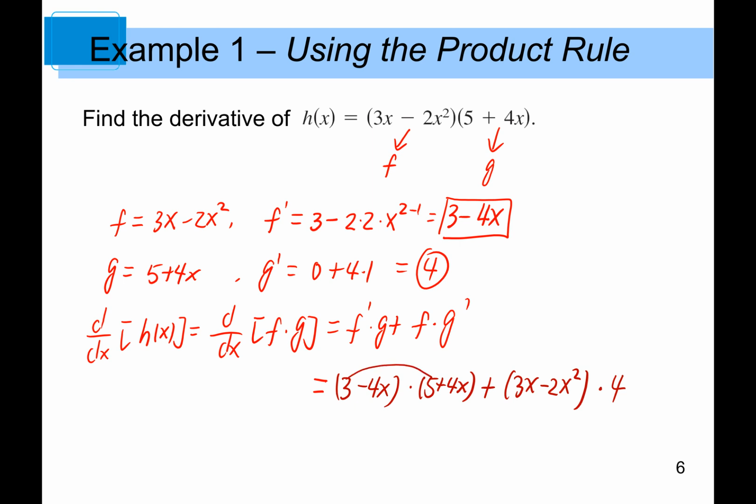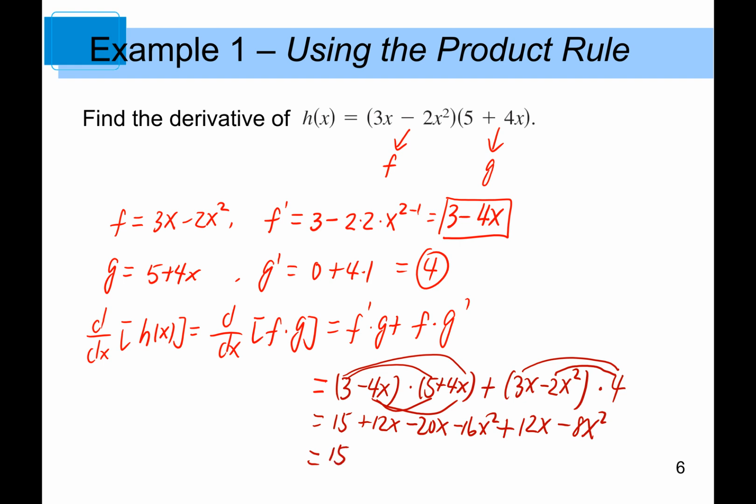3 times 5 gives us 15. 3 times 4x gives us 12x. Negative 4x times 5 gives us negative 20x. Negative 4x times 4x is negative 16x squared. The very last one, 3x times 4 gives us 12x. Negative 2x squared times 4 is negative 8x squared. Then we start combining like terms.